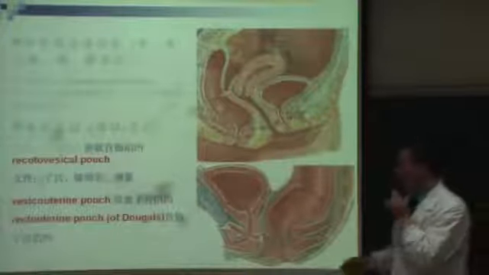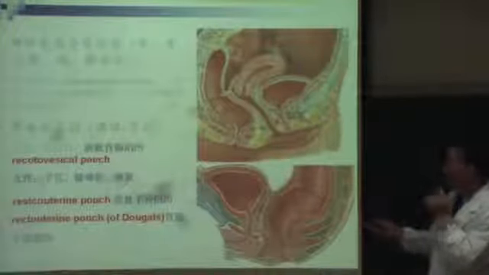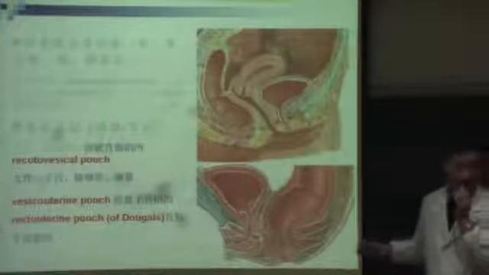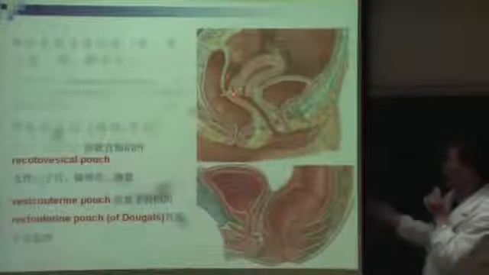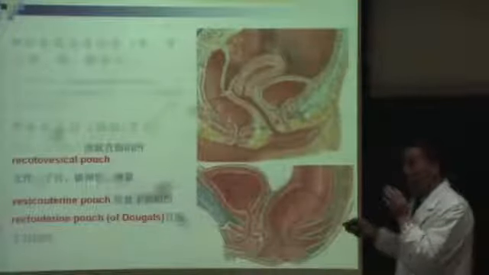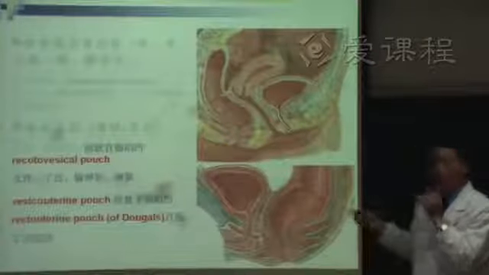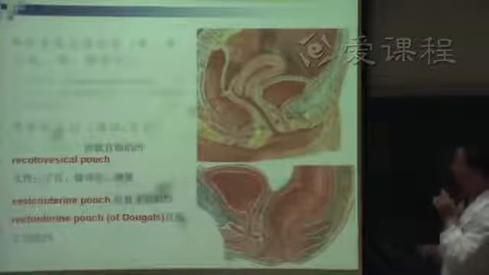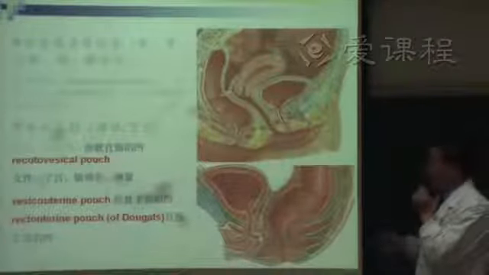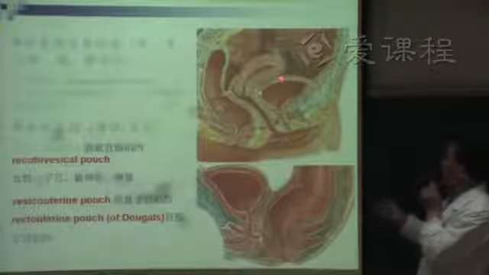Also, it is called the pouch of Douglas. Yes, maybe you have already learned these structures. This is the lowest point in the abdominal peritoneal cavity. Anterior to the bladder is the vesicouterine pouch here.